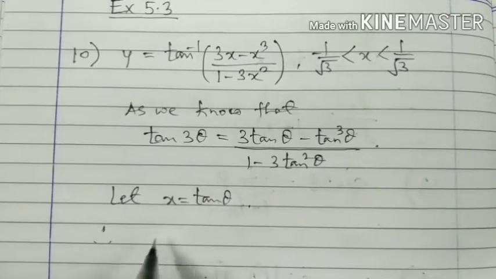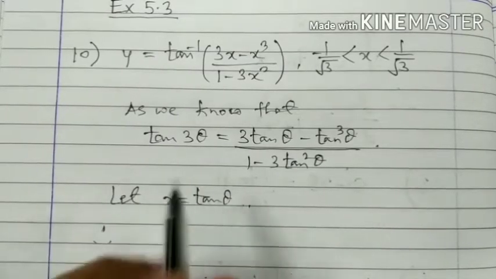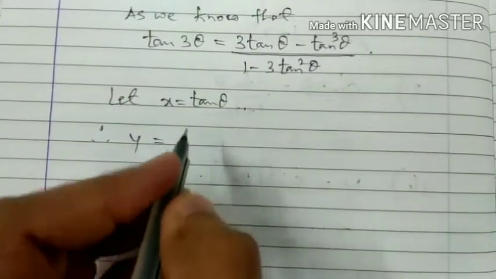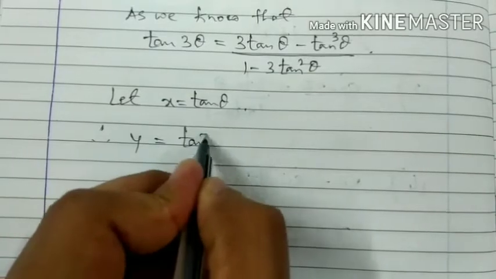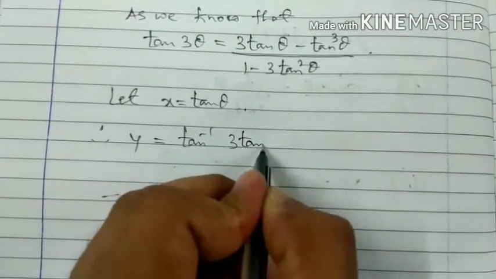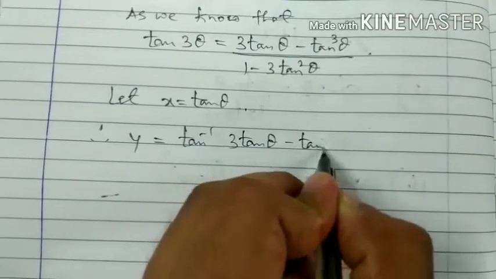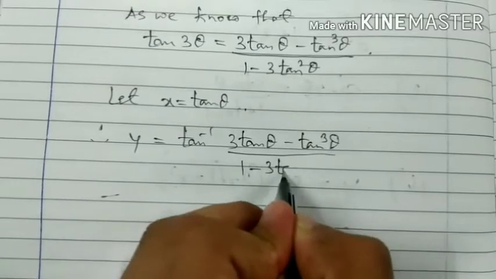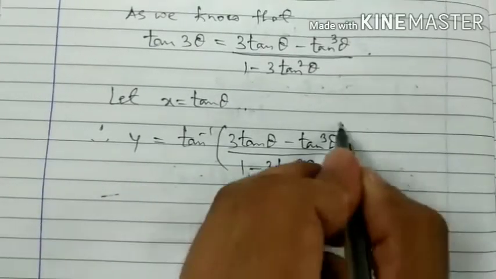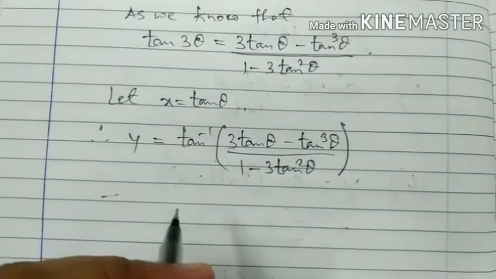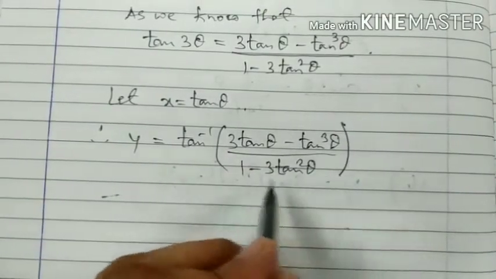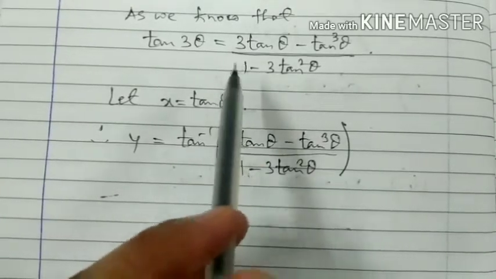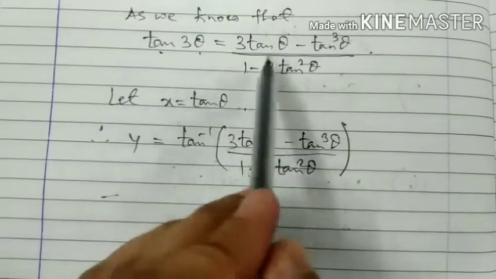Now putting x equal to tan theta in given function, so we will get y equal to tan inverse of (3 tan theta minus tan cube theta) upon (1 minus 3 tan square theta). Now by putting x equal to tan theta, we are getting the form where we can apply tan 3 theta formula.